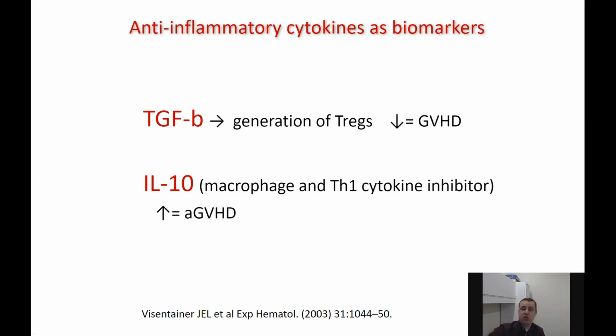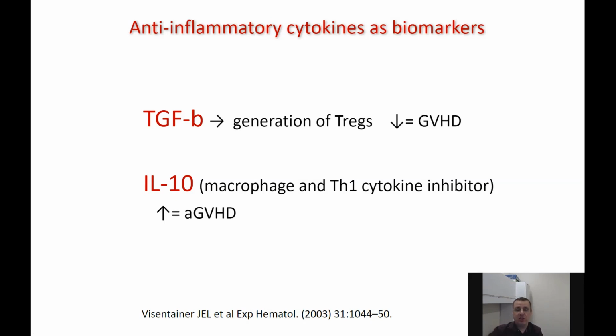Anti-inflammatory cytokines also can be useful as biomarkers for acute graft-versus-host disease. For instance, TGF-beta, which promotes the generation of regulatory T cells that dampen the severity of graft-versus-host disease.